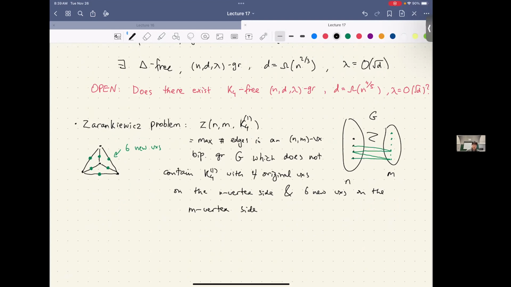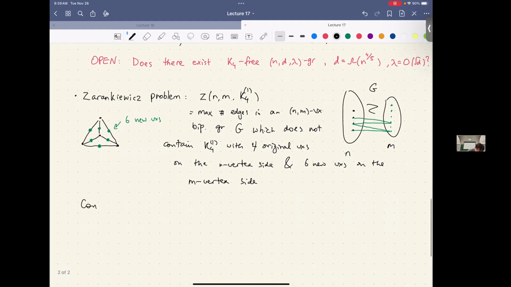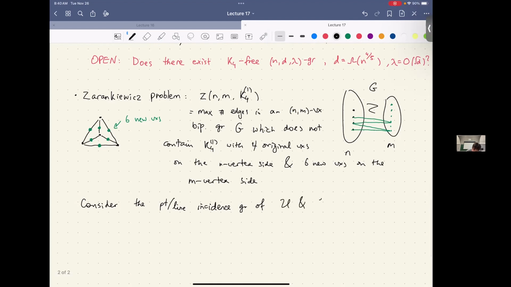Actually, from our graph, the H_q star, if we consider the point-line incidence graph of all of these unitals and so on, I believe, right?